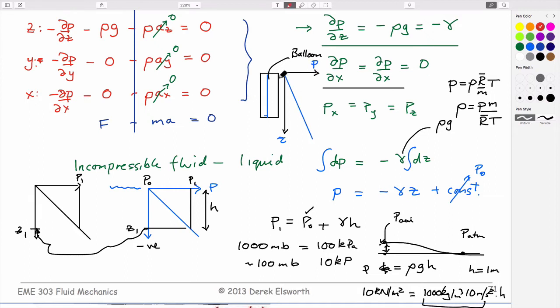And if you look at the pressure outside the balloon along its side, since the density is larger, then the change in pressure as you go down through the column alongside the balloon is offset.